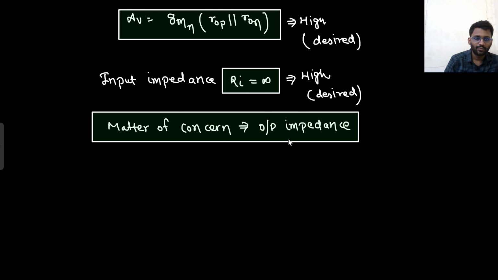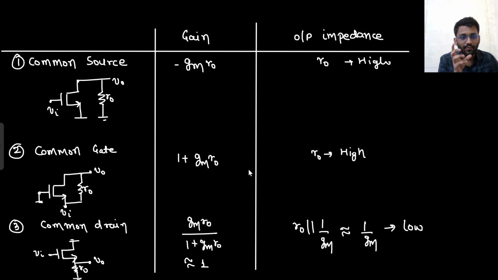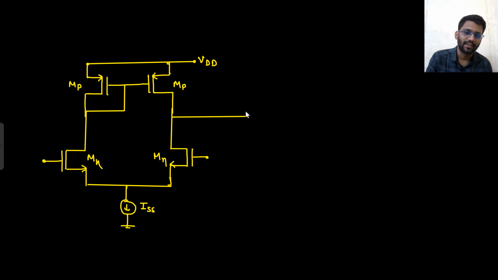What am I going to do? For increasing the gain, I am going to put one more stage, and that stage will be a common source amplifier. This is the common source amplifier that I am going to put. This is VDD.